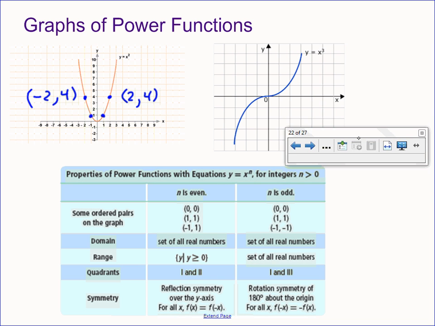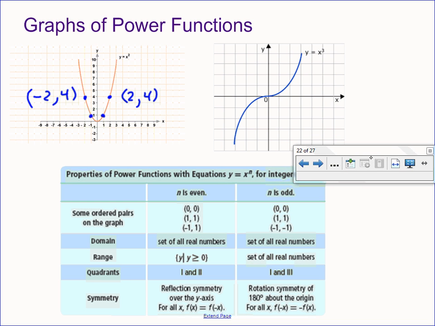When n is odd, like the cubing function, then my appearance is rotational symmetry about the origin, 180 degrees. Now, if I had the point 2, 8, even though it's a weird scale, I know we'll flip the signs on both the x and y coordinates.